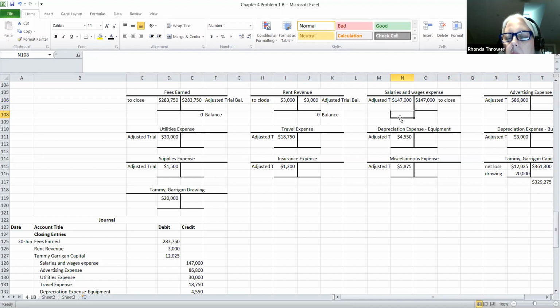And then my expense account will have a 0 balance because I've just reduced this out. In other words, expenses have normal debit balances. They increase on the debit side. When I credited it to close it, I have an ending balance that is 0. So after I've closed out my salary and wages expense, it has a 0 balance.